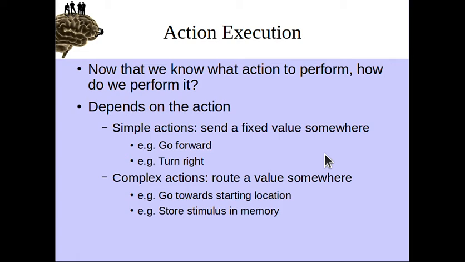I do want to briefly say, okay, now that we know what action to perform, how do we actually perform it? There's a couple different possibilities. In that critter example, the actions were things like, if I'm not scared, then my action is take whatever information was in one group of neurons and send it to another group of neurons.